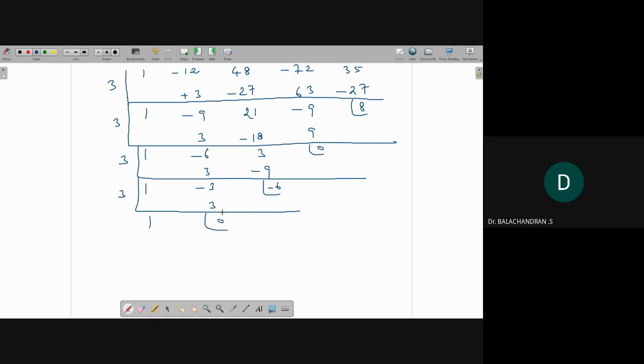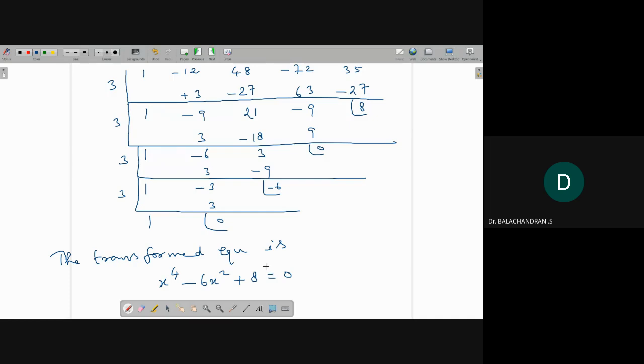So the transformed equation is x power 4 minus 6x square plus 8 equal to 0.